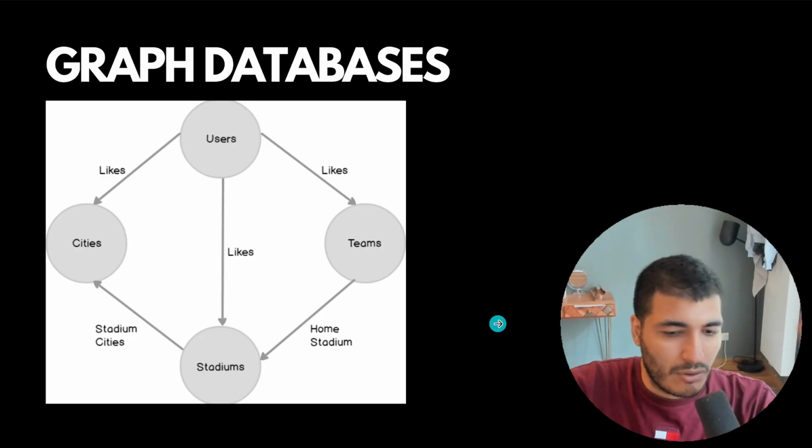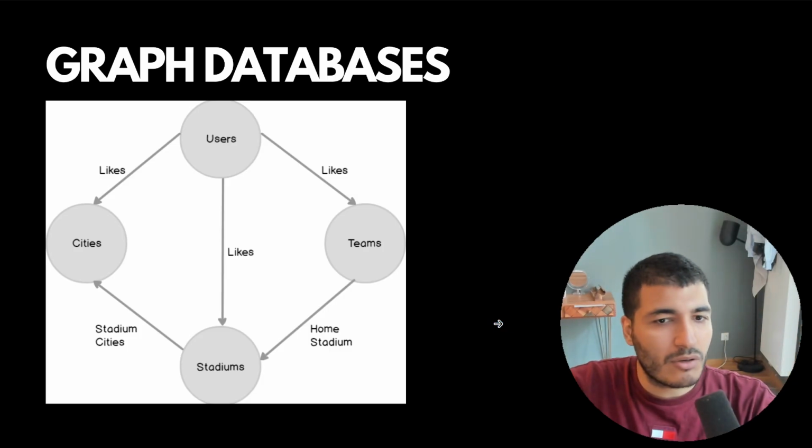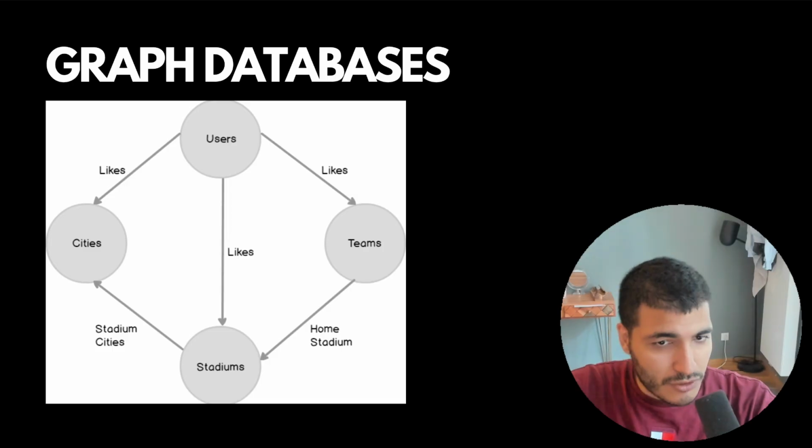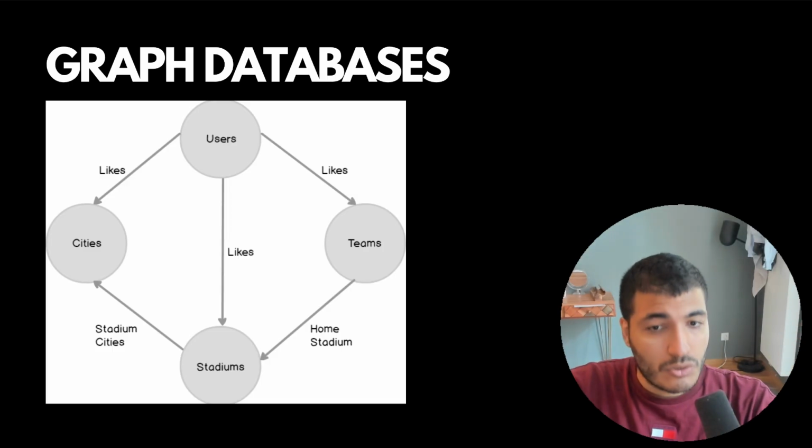For the use cases of graphs, you can think of social networks, for example, managing user profiles and their connections, enabling features like friend recommendations, social graph analysis, and identifying influential users.